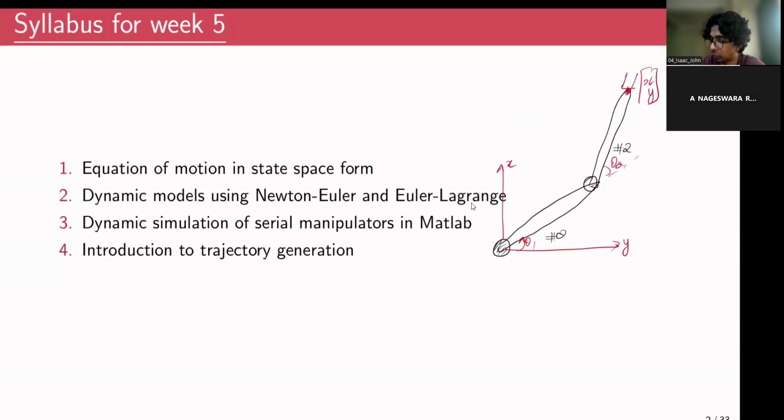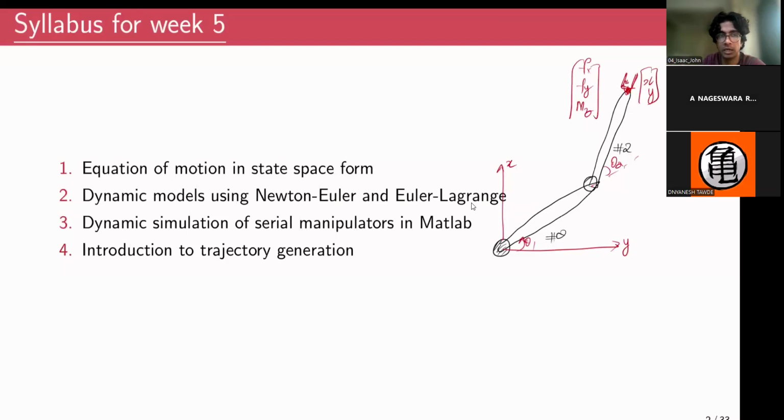Maybe if we have an end effector over here, and due to the robot's interaction with the environment, the end effector would be subjected to some forces, maybe Fx, Fy, and Mz. And due to some external interactions with other rigid bodies, there may be some contact forces acting on the robot, Fc1, Fc2, and of course, the effect due to gravity, M1g, M2g.